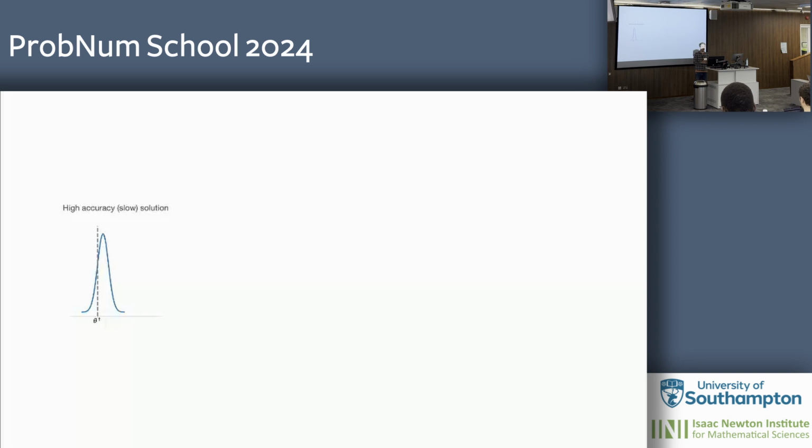And if we use numerical methods that give a high accuracy solution to the PDE, then we might obtain a posterior that looks something like this. So this is what we might think of as being a good or well-calibrated posterior in Bayesian inference, because theta dagger, assuming this was drawn from the prior, lies in a high posterior density region of the posterior distribution. But the catch is that in order to compute this posterior, we need to apply G, again, for each value of theta that we visit.